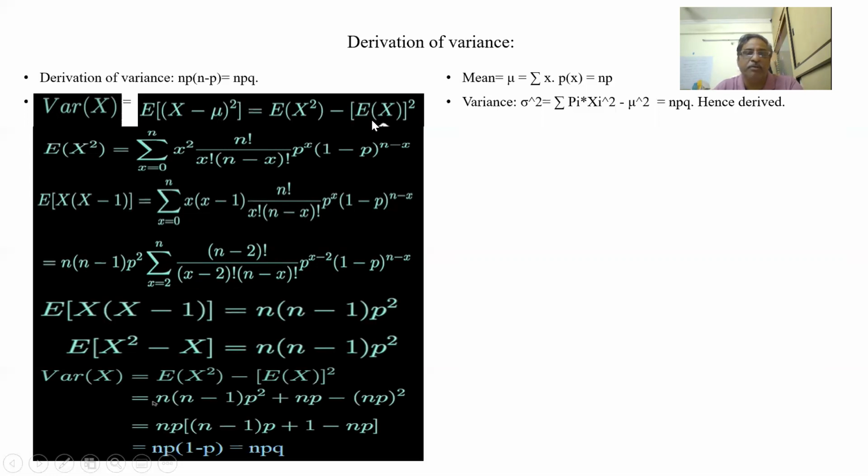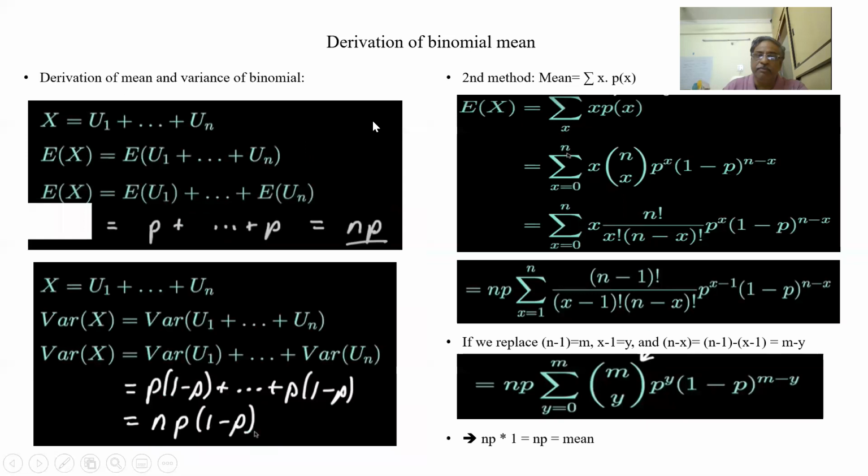We did this earlier in standard deviation: x square plus mu square minus 2x mu, so minus 2 mu into sigma x, and minus 2 mu square plus mu square, which leaves minus mu square. This we know. This is the mean, which we have just calculated as np. E of x is the mean.